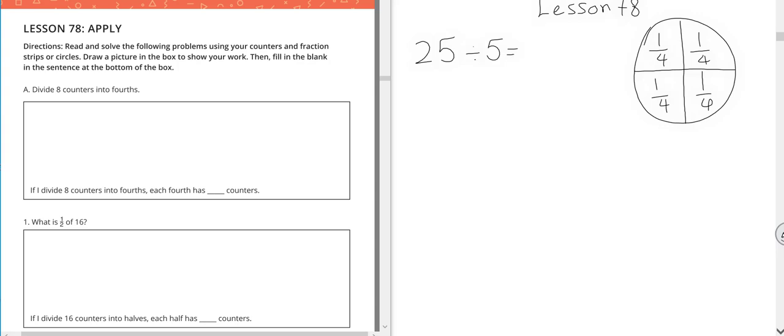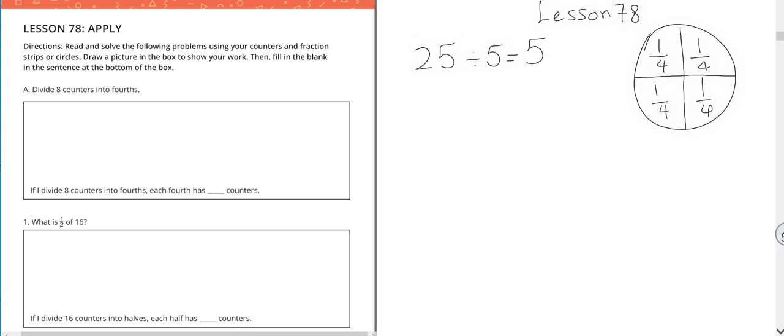What times 5 equals 25? 5 times 5 equals 25. So the result equals 5.